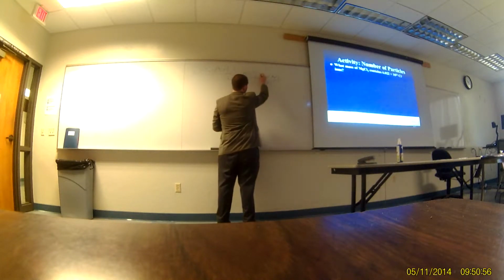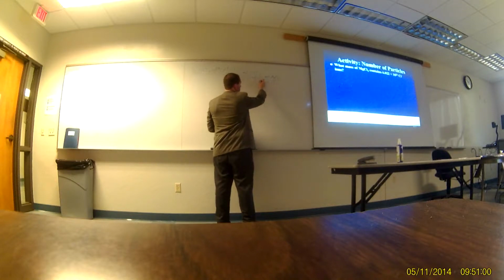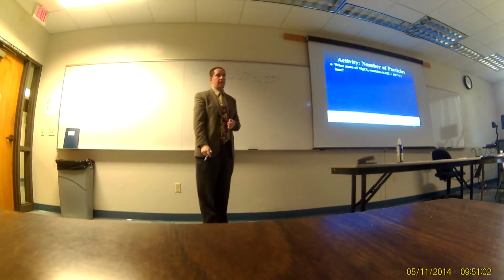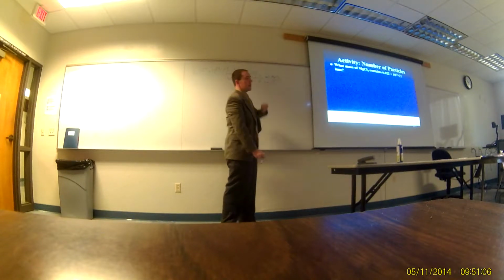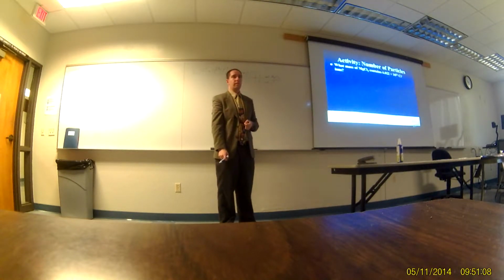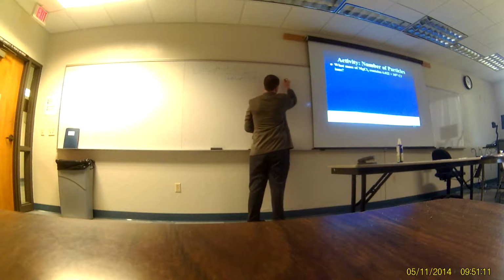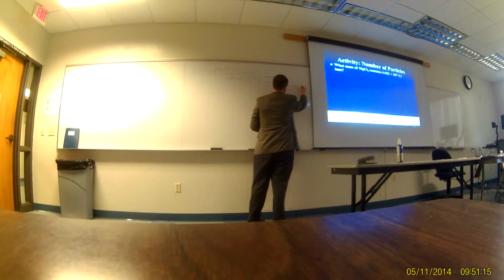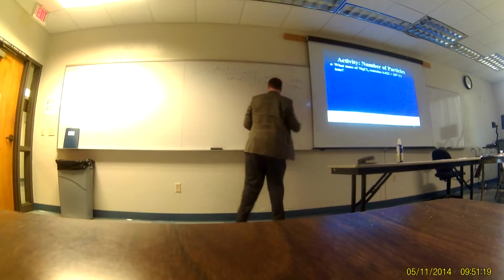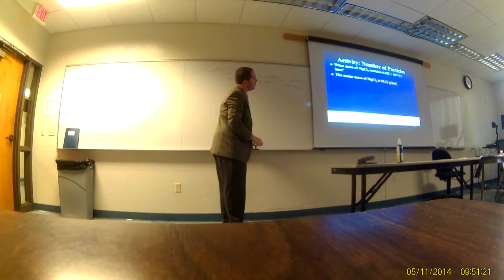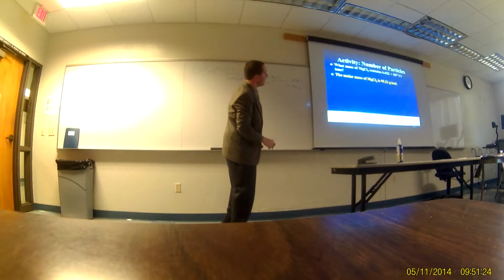Every 1 mole of magnesium chloride has 2 moles of chloride, because there are 2 chlorines in MgCl2. So now we just have the last conversion, 1 mole of MgCl2 weighs a certain amount, and it tells us 95.21.